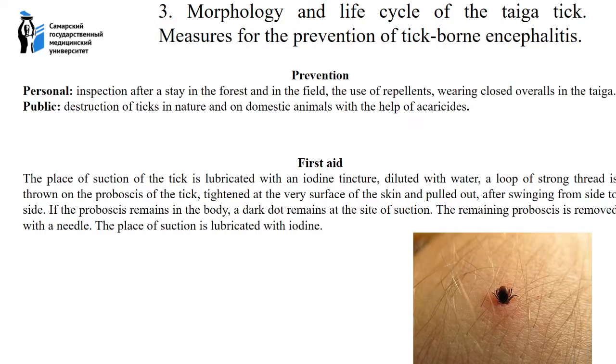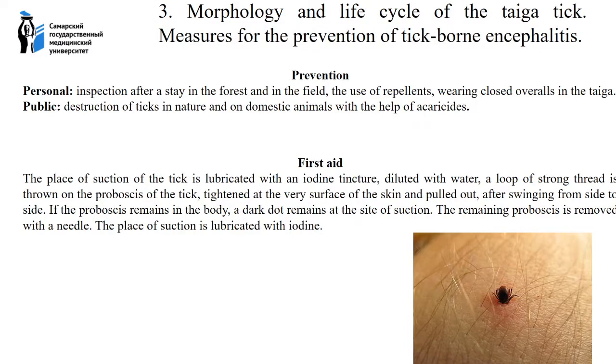Diluted with water, a loop of strong thread is drawn on the proboscis of the tick, tightened at the very surface of the skin and pulled out after swinging from side to side.